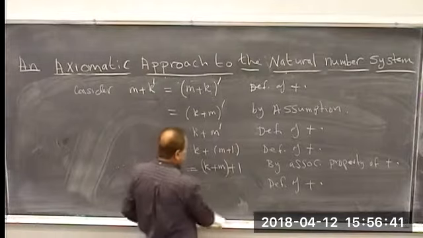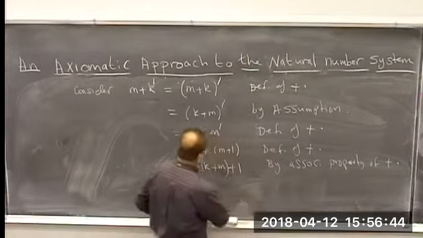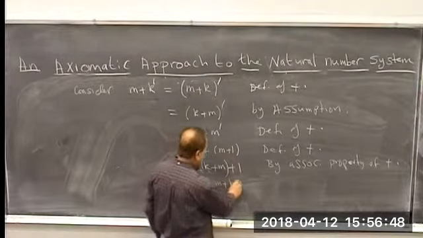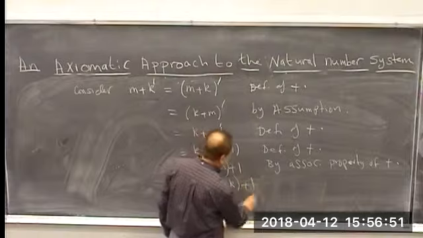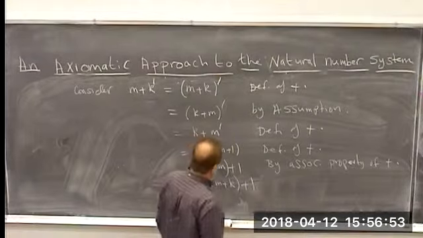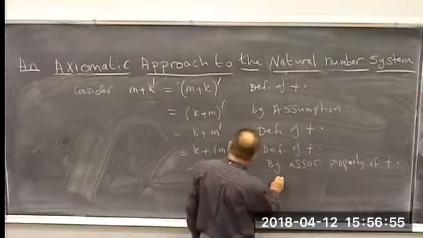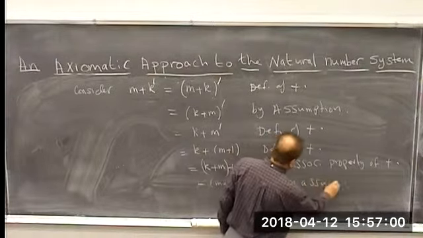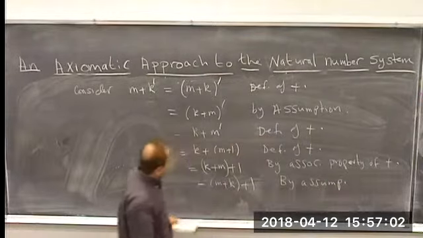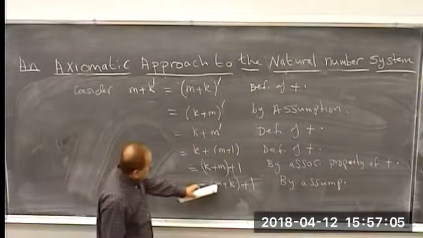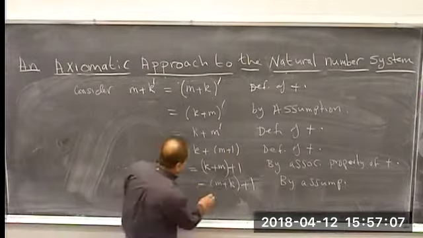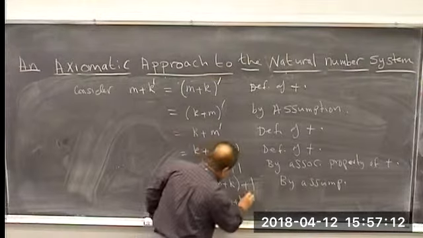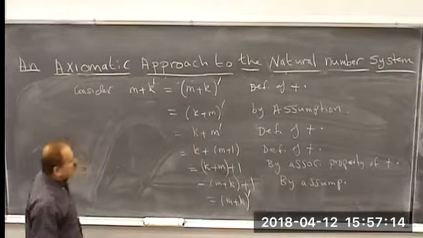I want to switch the k and the m. So this is equal to m plus k, plus 1. So this is by assumption. Now, m plus k plus 1, this is the successor of that thing we are adding to 1.